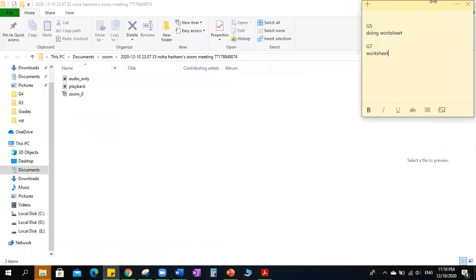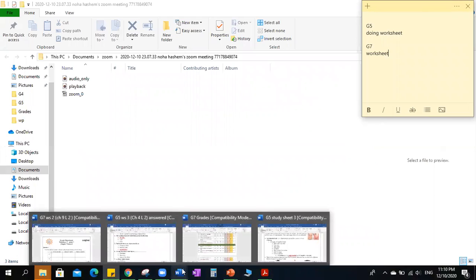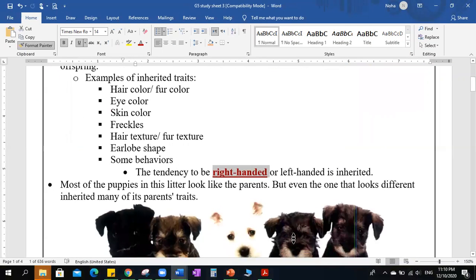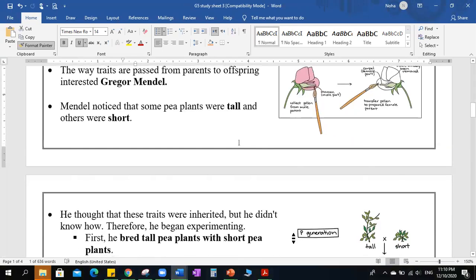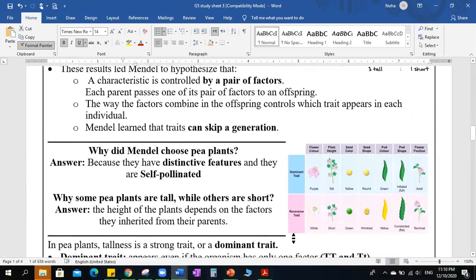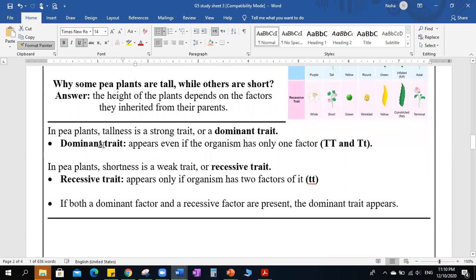If we went back to the study sheet, you guys can see in here that dominant trait appears even if the organism has only one factor. And as you can see, it could be with 2 T capitals or 1 T capital, 1 T small.